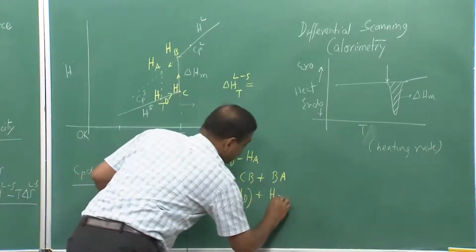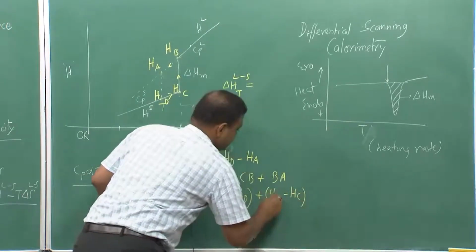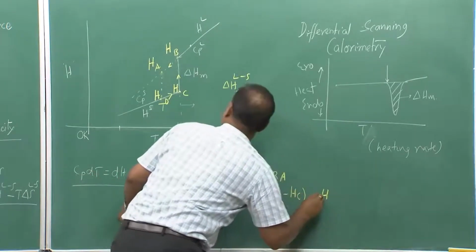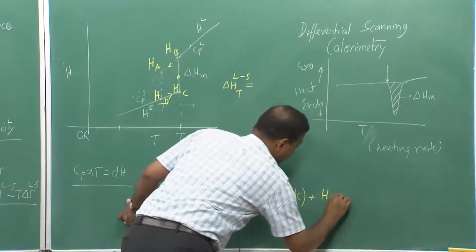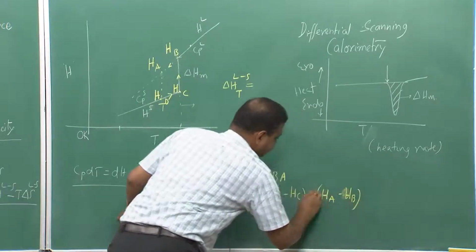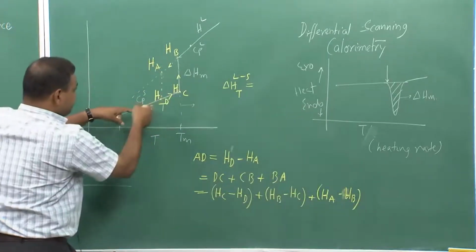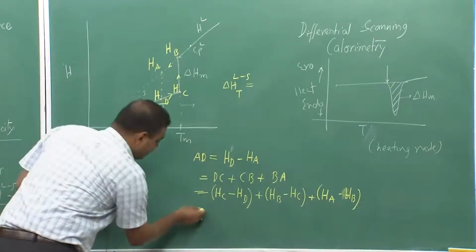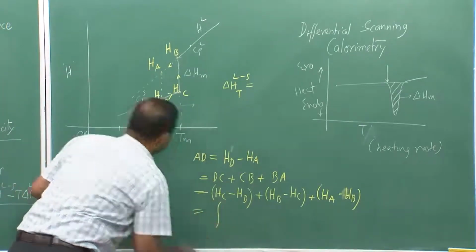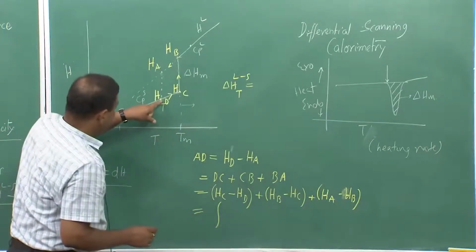Now, if I put it in terms of H values, HC minus HD plus HB minus HC plus HA minus HB.